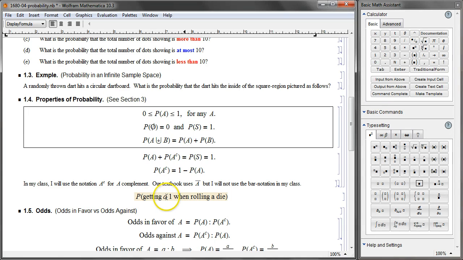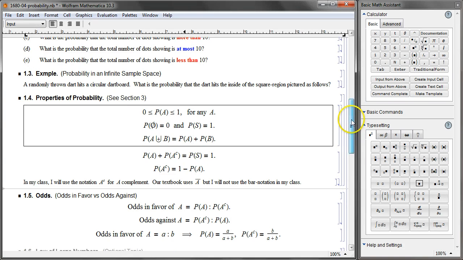Getting a 1 when rolling a die. And that's the same as 1 minus the probability of getting something other than 1. The left-hand side is 1/6, the right-hand side is 1 minus 5/6, right? Okay. That's what complement is all about.